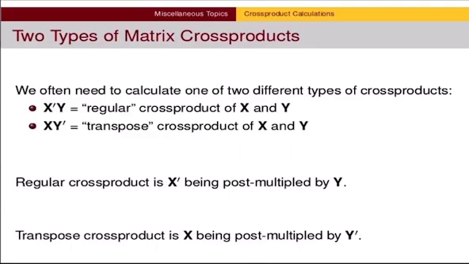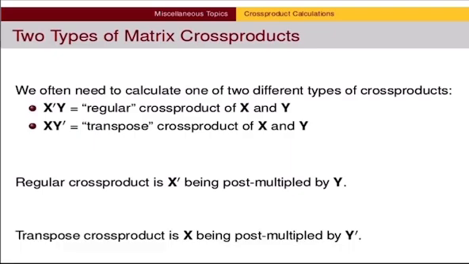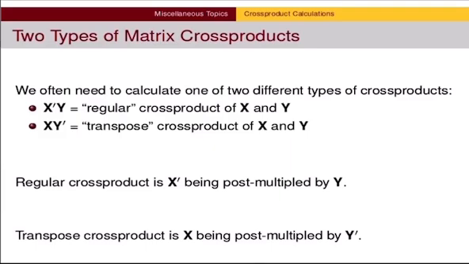Now, let me tell you this. Why are we interested in matrix of cross products? We are interested because they form the backbone of estimation that involves the multivariate linear model. I told you the other time, whenever we are seeking knowledge, we normally need to get information, and information is going to come from data.